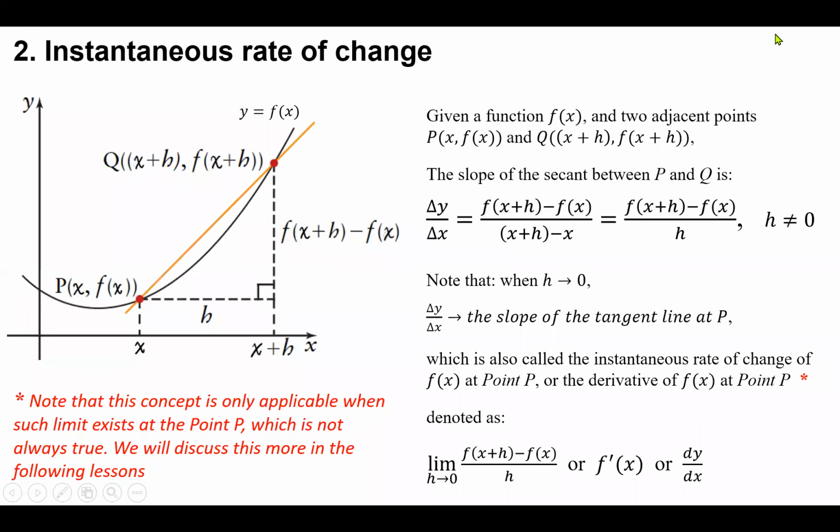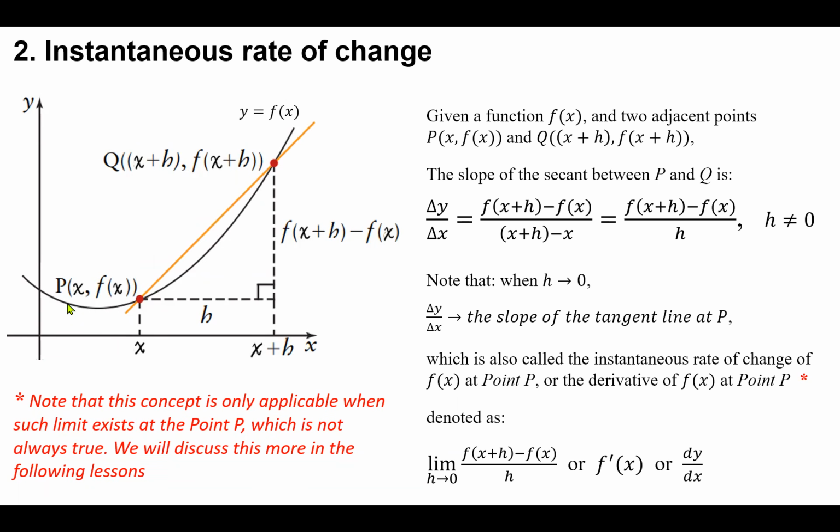Okay, let's continue our lessons. Next, let's have a look at the instantaneous rate of change. The concept of instantaneous rate of change is: given a function f(x) and 2 adjacent points P and Q with coordinates (x, f(x)) and (x+h, f(x+h)), as shown in this graph.